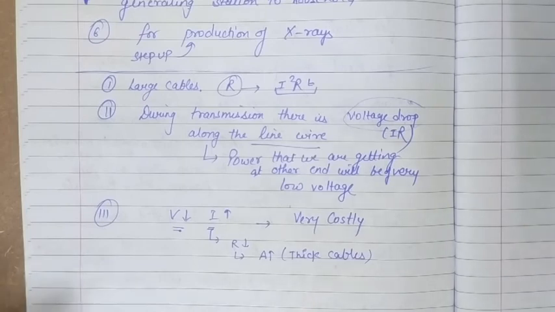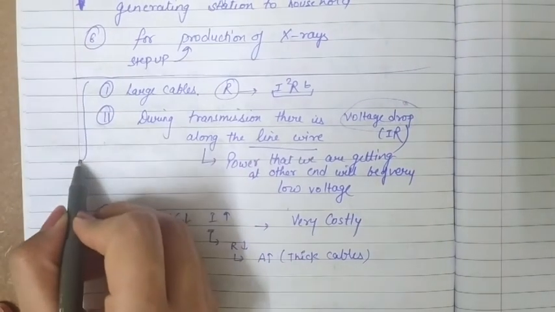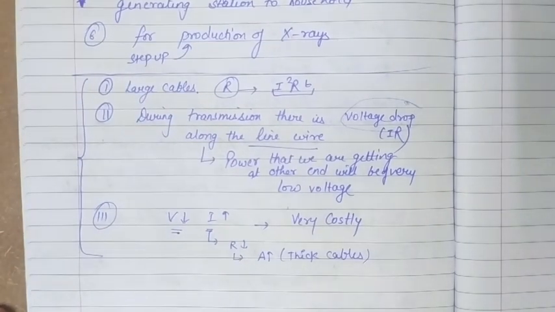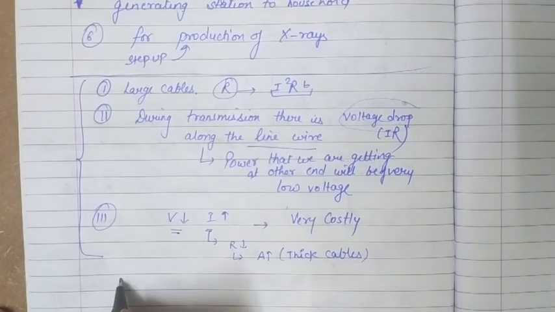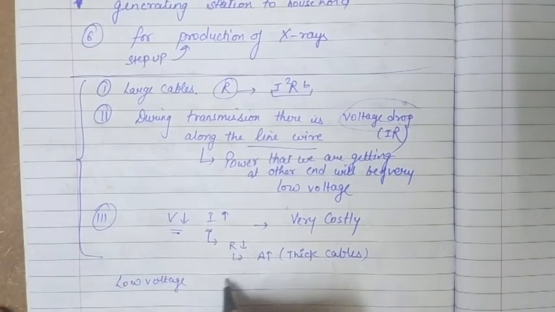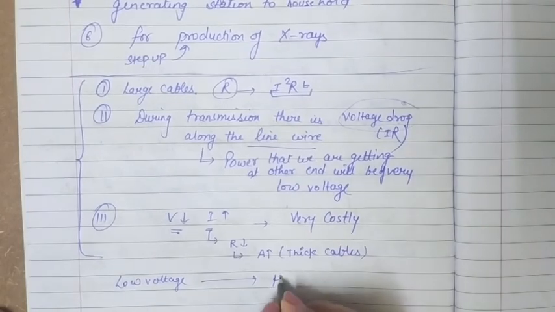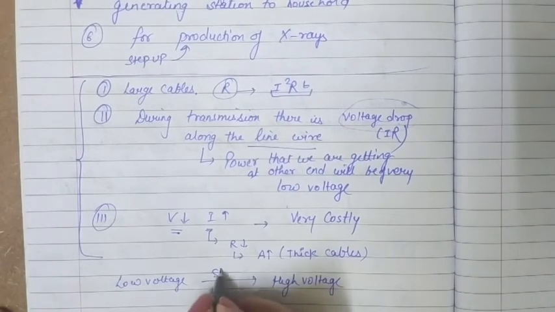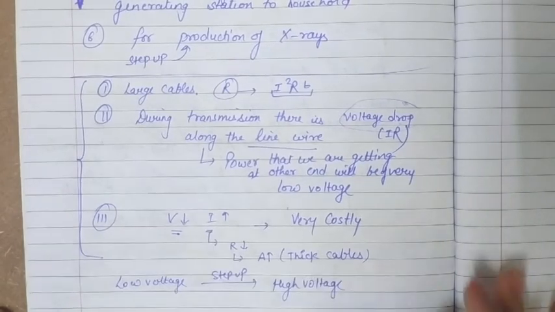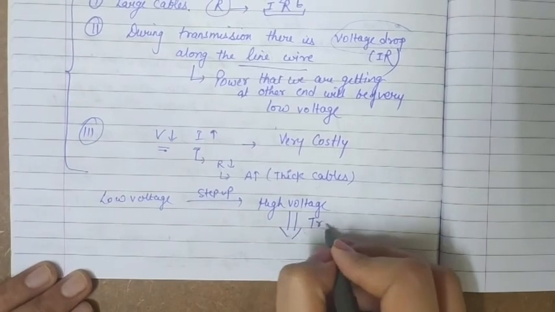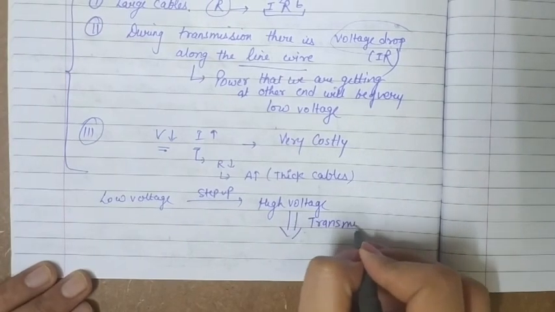So to cover all these issues, to remove them, what we do is we generate low voltage, right? We use a step up transformer to convert it into high voltage, then we transmit it to the consumer.